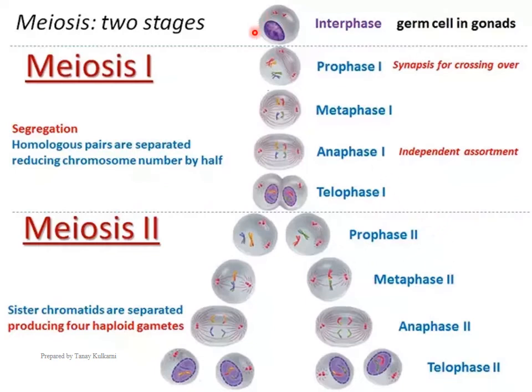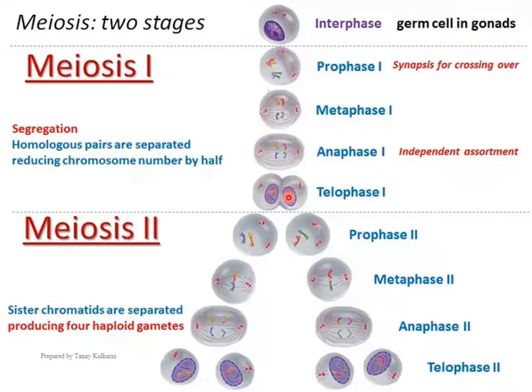So if you see here, once the interphase is completed, which takes place basically in the germ cells in the gonads, gonads meaning primary reproductive organs, meiosis begins. Once meiosis 1 completes, it will divide into two daughter cells, and the number of chromosomes is halved. Meaning if here there are 46, then here it will become 23.